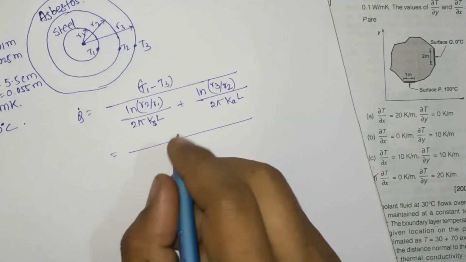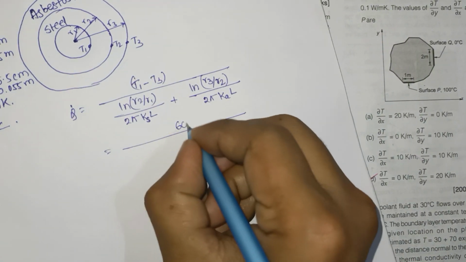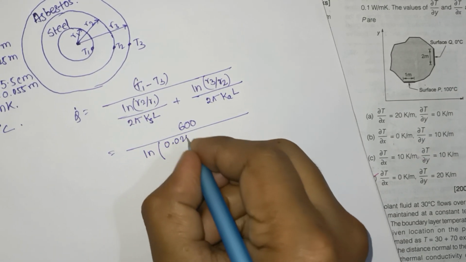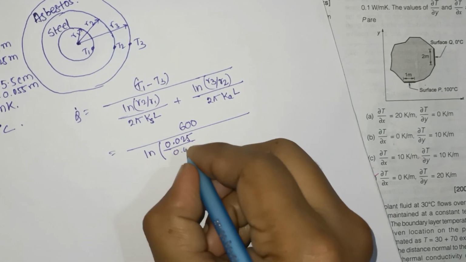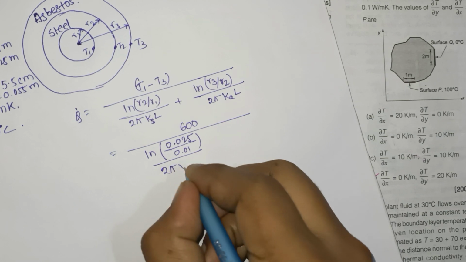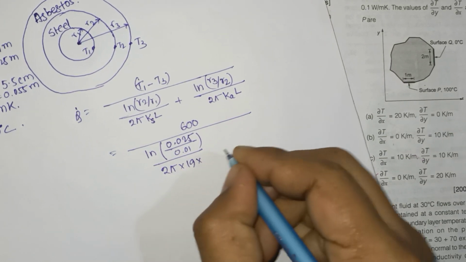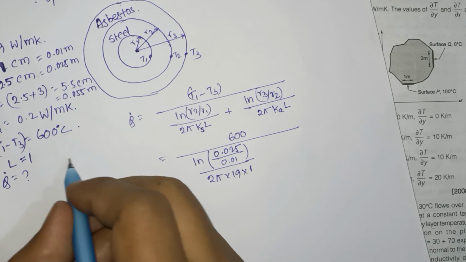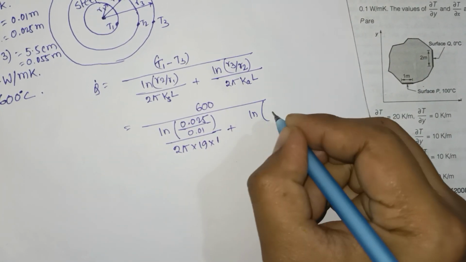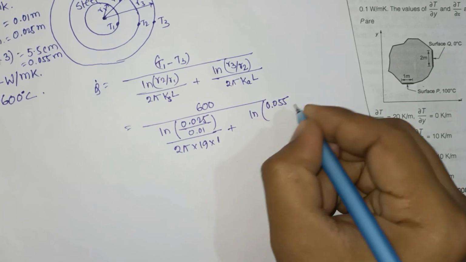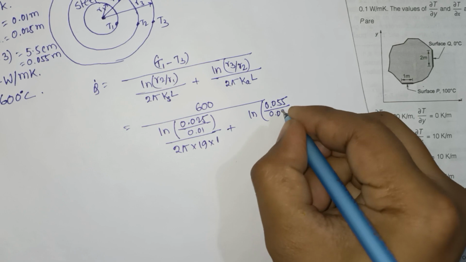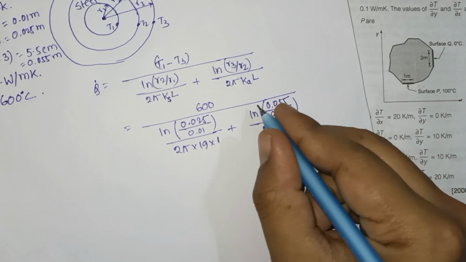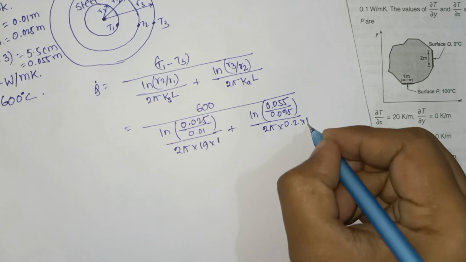So if you put the values here, T1 minus T3 that is 600 is given, ln R2 by R1 that is 0.025 divided by 0.01 over 2 pi Ks that is 19 into L, L equal to 1, plus ln R3 by R2, 0.055 divided by 0.025, over 2 pi K of asbestos, that is 0.2 into 1.